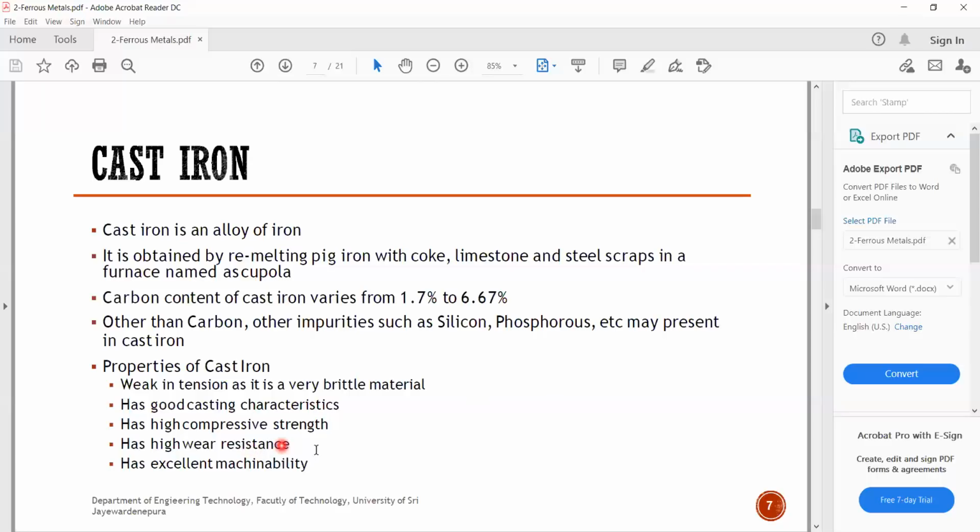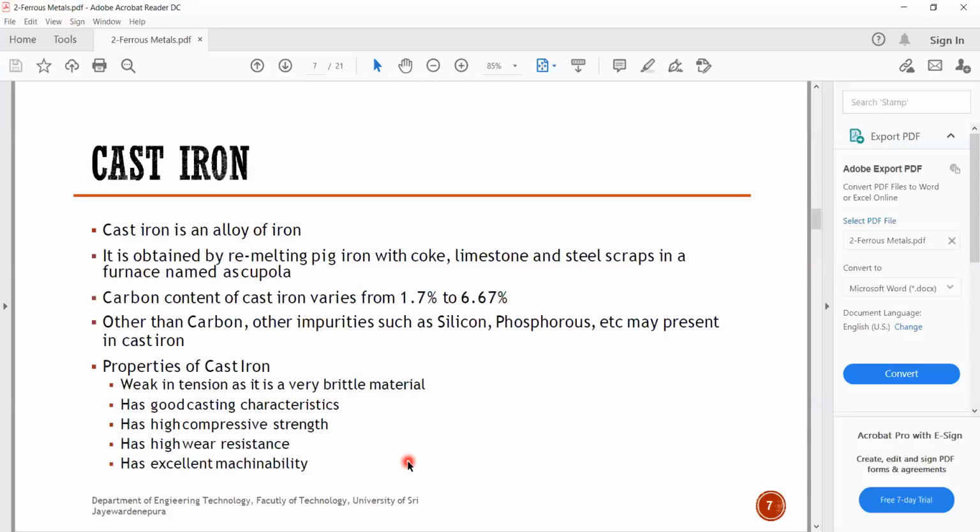So wear resistance means, if this cast iron has high wear resistance, that means this cast iron is not easily damaged by friction or use, right?